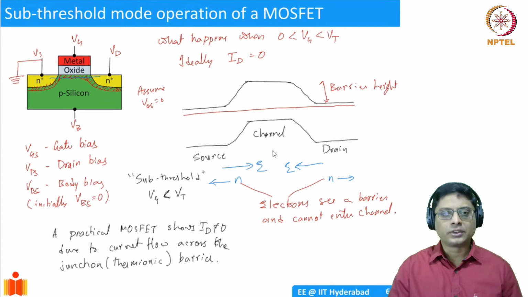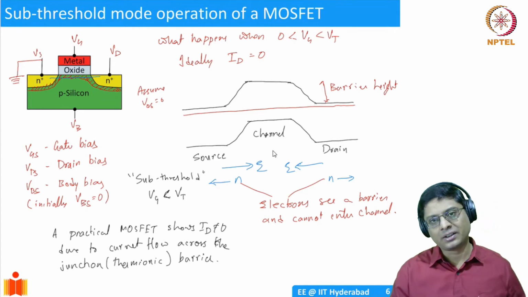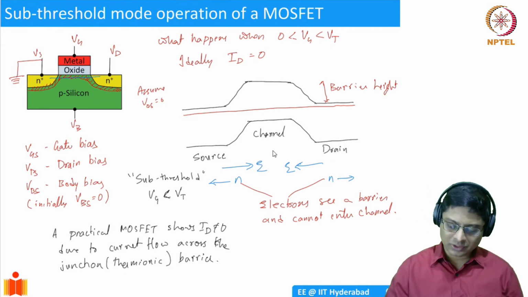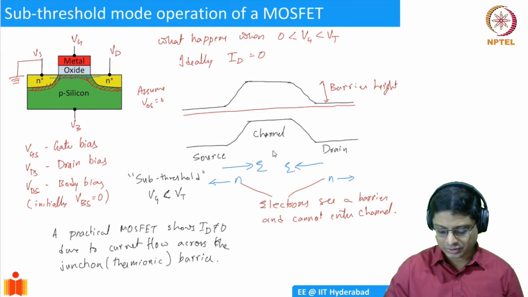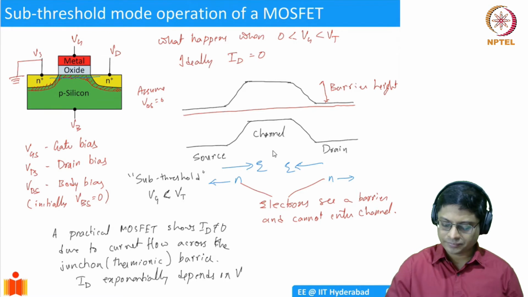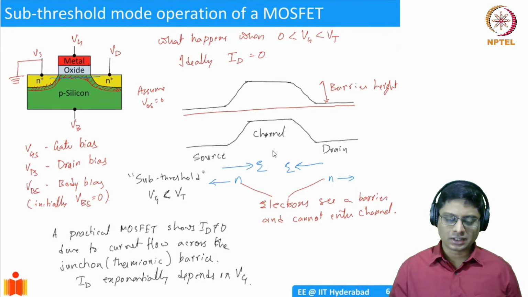Okay. So in this sort of a structure where you have this barrier, the current flow is basically exponentially dependent on gate voltage. Okay. ID exponentially depends on VG. This is an important characteristic.